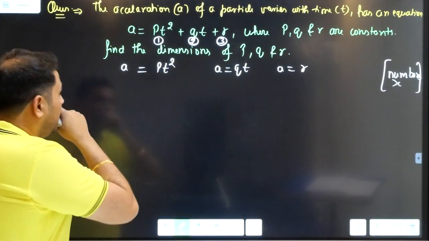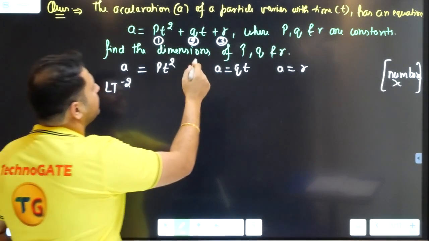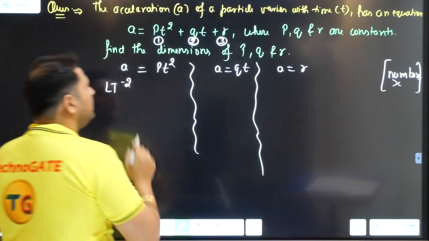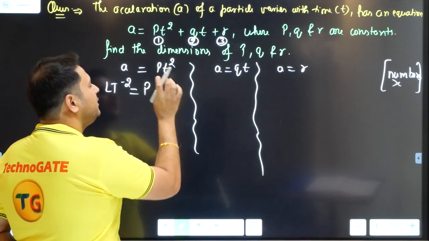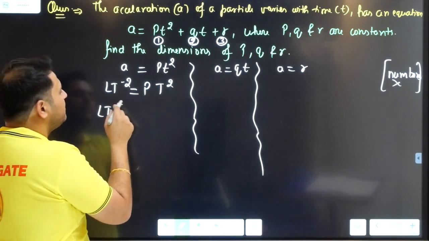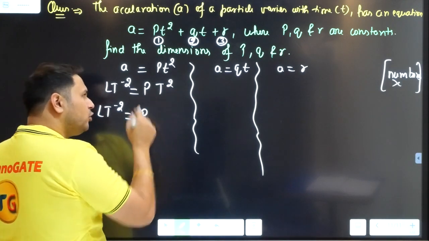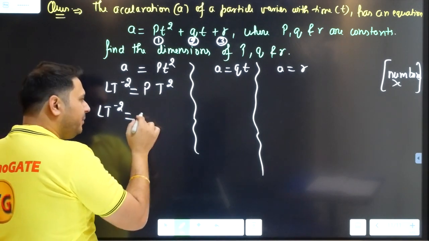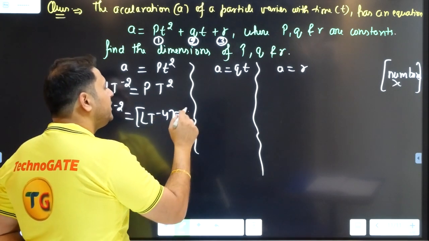Now say this. Now this A is given as LT minus 2. Let us make dimension analysis of all these three, right guys? Now this is LT minus 2, this is P, and this is T. T square means what? This means T2, right guys? So this is LT minus 2 and this is P. What should be the value of P? When I write LT minus 4 instead of P, multiplied by T square, what is the answer I am getting?